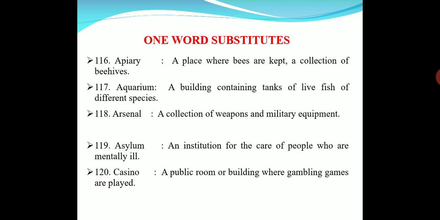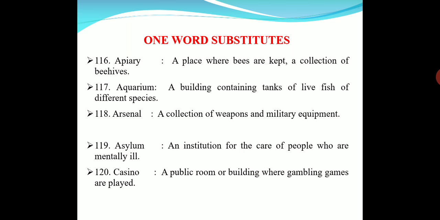Arsenal. Arsenal is a collection of weapons and military equipment. And asylum. Asylum is an institution for the care of people who are mentally ill. But nowadays asylum means if anybody has a threat in one country, they go to another country as asylum, no? And casino.